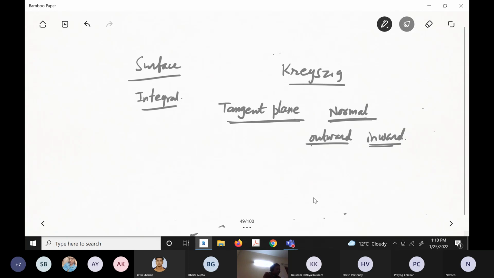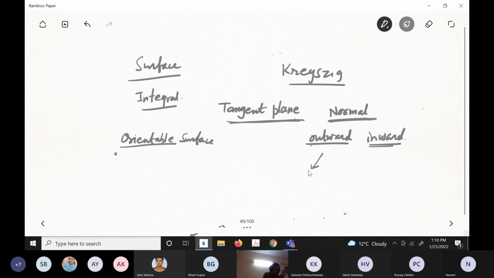Now what does orientable surface mean? I am not defining it, I am just telling you the idea of how you give an orientation. That means you give an orientation to the normal. Suppose at a point you start with your choice, inward normal or outward normal. Then you keep moving over the surface, and you are also moving the normal, and that way you come back to your initial point.